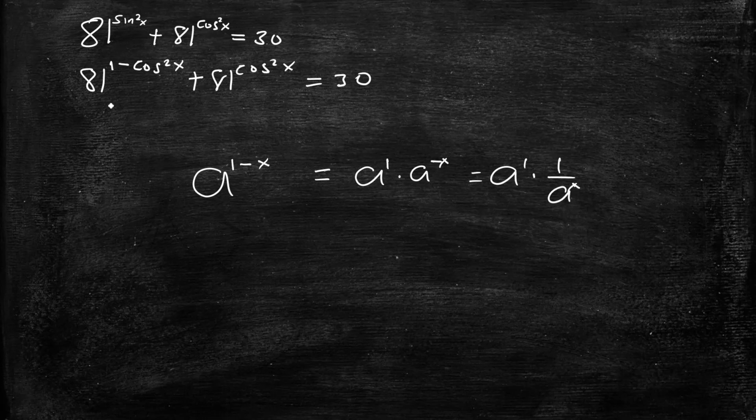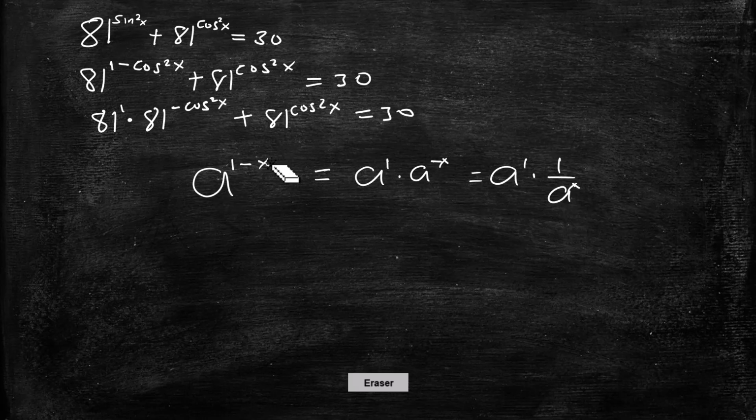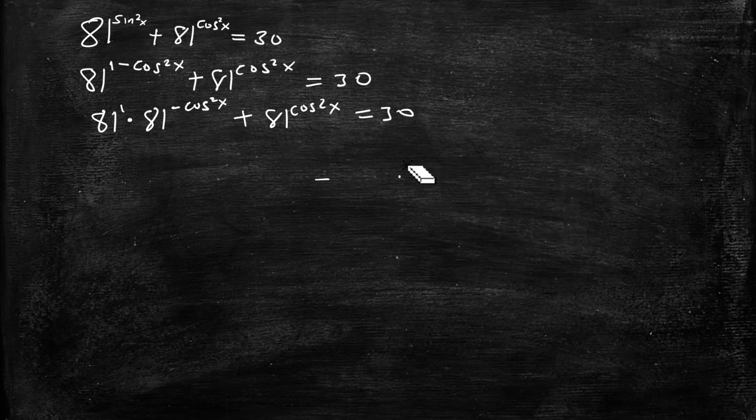So we can say 81 raised to 1 times 81 raised to negative cos squared x plus 81 exponent cos squared x equals 30. So this is 81 times 1 over 81 exponent cos squared x, plus 81 exponent cos squared x, equals 30.